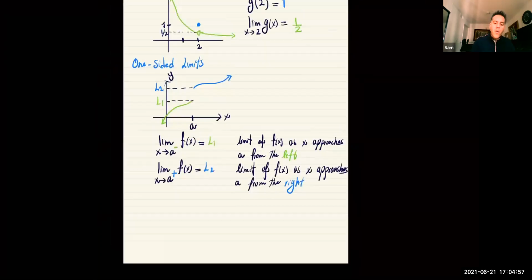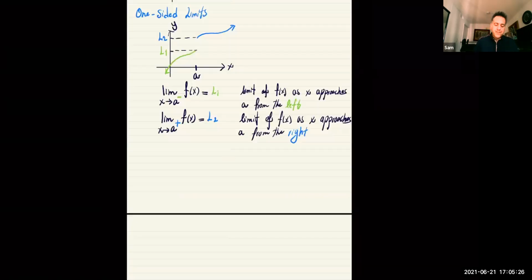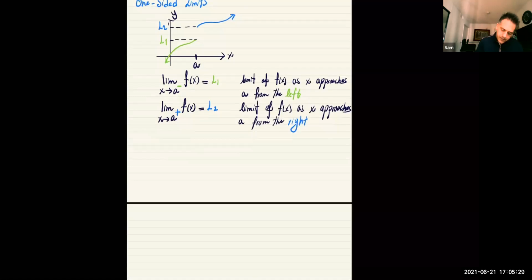So when you see a superscript, negative or positive, those are one-sided limits, okay? When you don't see the superscript, it means both sides, okay? But that's what it means for now, all right? So, what about the limit as x goes to a of f of x?